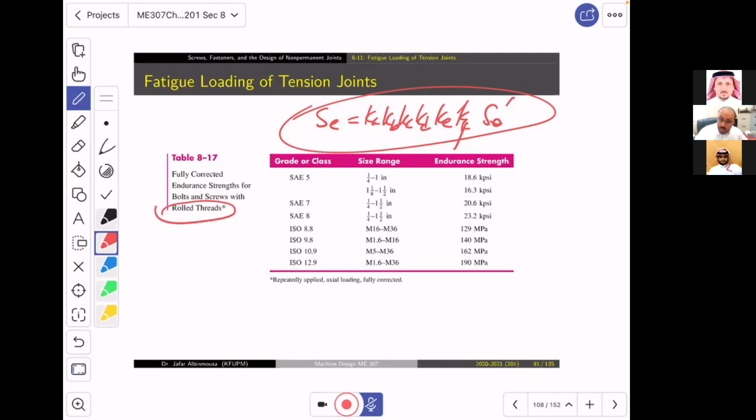But here, what do you have? You have SAE grade 5, 7, 8, and this is the size range of the bolt, or ISO and metric, you know, the metric range. And for example, if you have M16, metric 16 millimeter diameter, then the endurance limit is 129 megapascal.